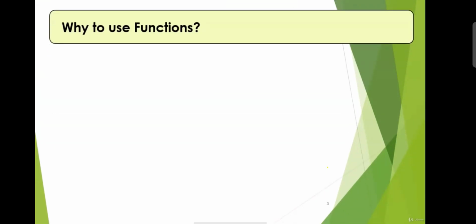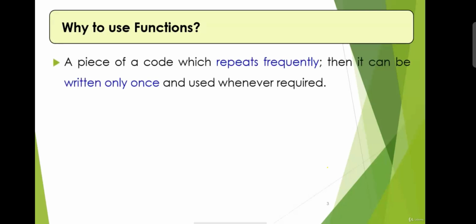So the first question is, why use a function? What is the need of using a function? A function is a piece of code which repeats frequently. So rather than writing that code repeatedly, it is always better to write that code only once and use that code whenever required.